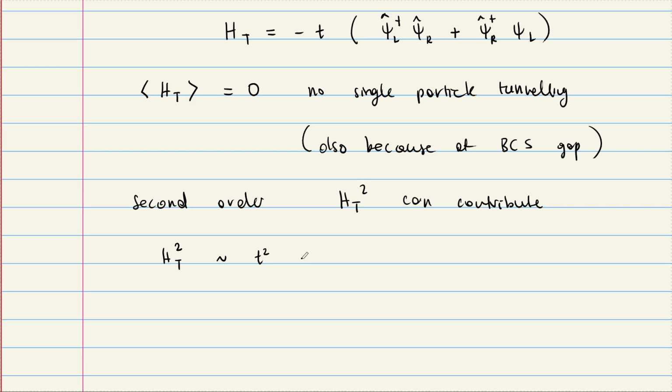Some t squared times psi left dagger, psi left dagger, psi right, psi right. There are other matrix elements, but I am only writing the important one for us. Plus the opposite, psi right dagger, psi right dagger, psi left, psi left.